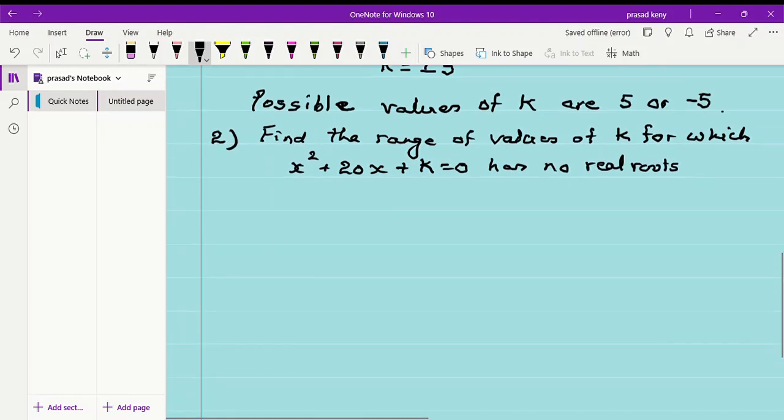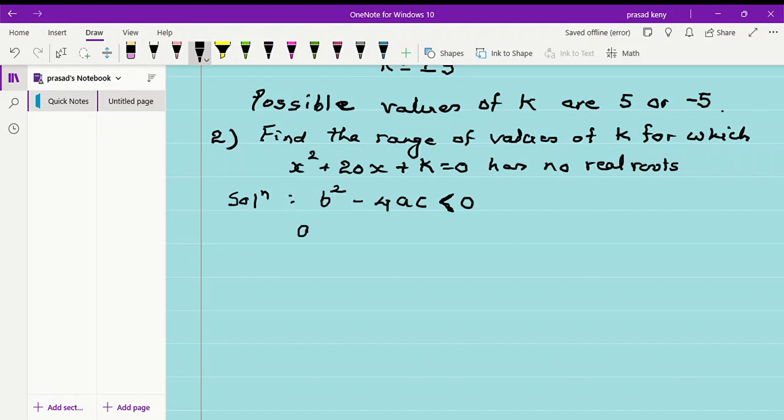So now, if the quadratic equation ax square plus bx plus c is equal to 0 has no real roots, then what will be the condition on the discriminant? The discriminant b square minus 4ac should be negative, less than 0. If the quadratic has no real roots, its discriminant is negative. So, compare the given equation with ax square plus bx plus c equal to 0.